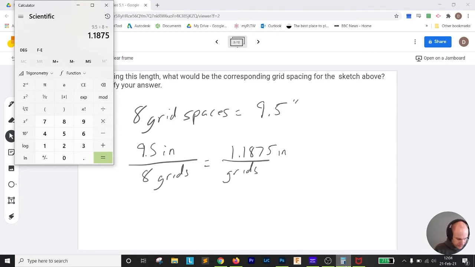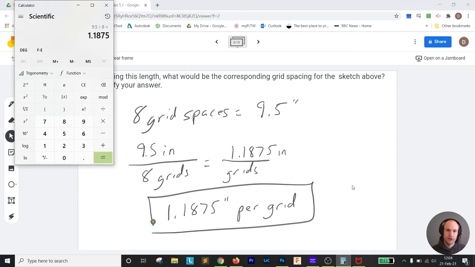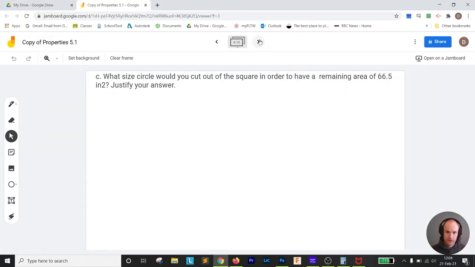So that is going to be our answer. 1.1875 inches per grid. Okay, so that's where we are for 2B.